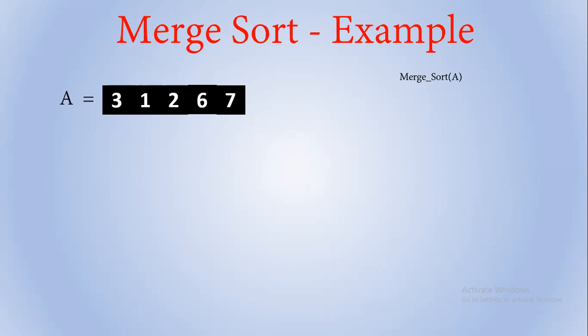So if you reflect on what you learned last week: in merge sort, first you divide the input array or input sequence, and then recursively call merge sort on the left side of the array and on the right side of the divided part.